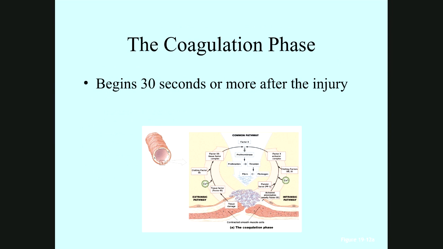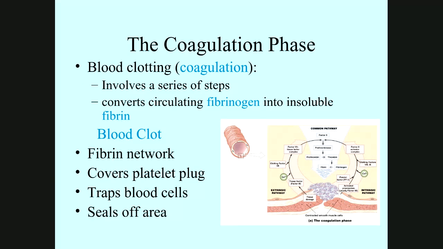The coagulation phase begins 30 seconds or more after the injury. This coagulation phase involves a series of steps, and those series of steps lead to converting the circulating fibrinogen into fibrin, and the fibrin network covers the platelet plug, traps the blood cells, and seals off the area.